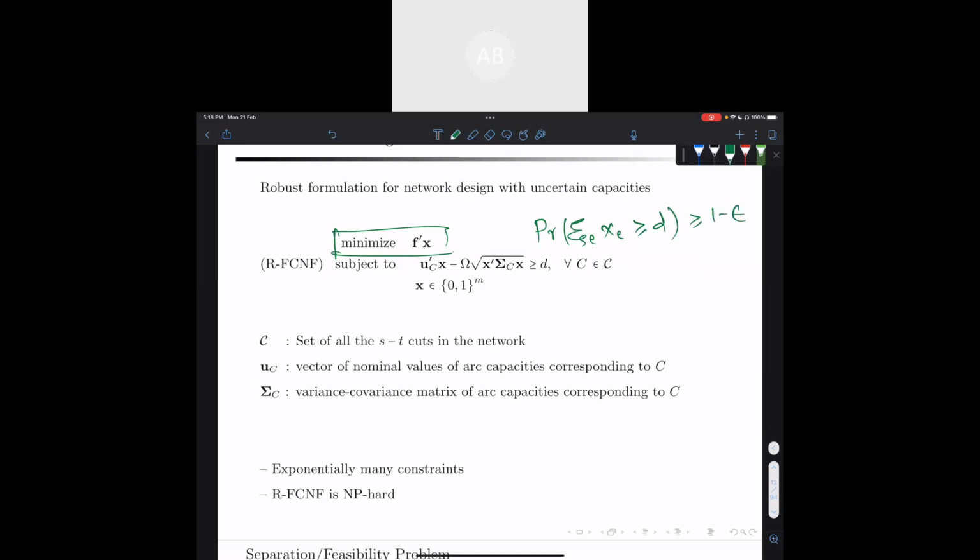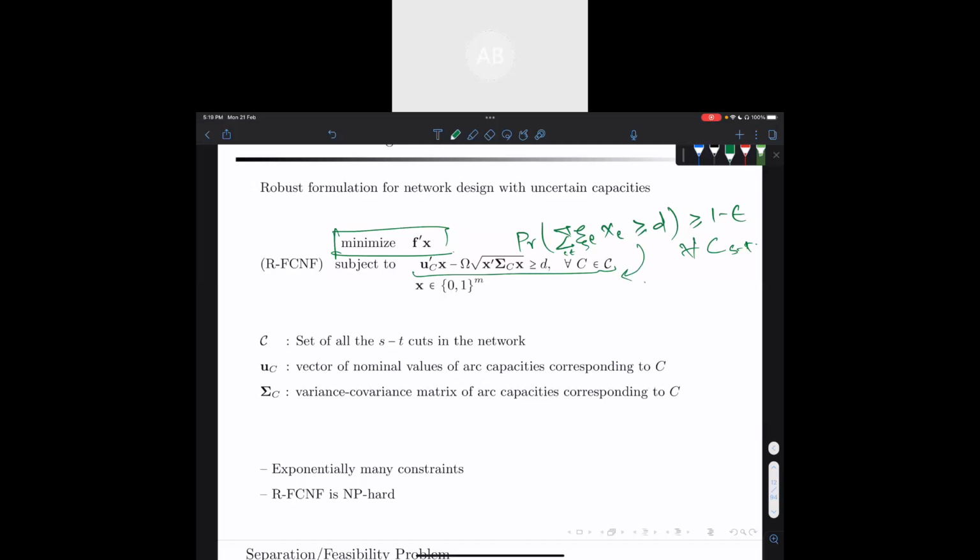Right, so if you write this for me, the probability that the summation over all arcs e in some cut set, and you write this for all possible cut sets, and we just learned that we can write these probabilistic constraints as something like this.